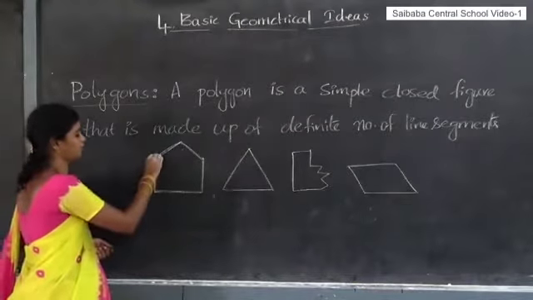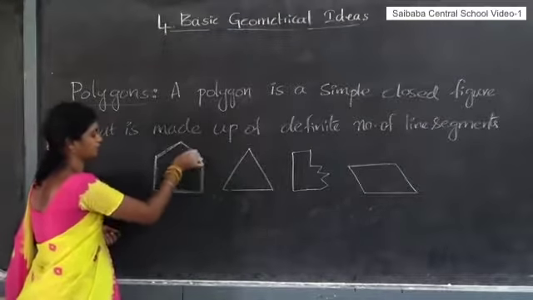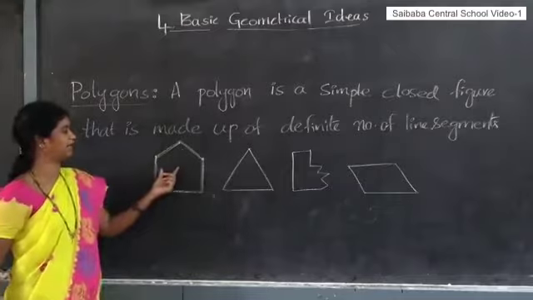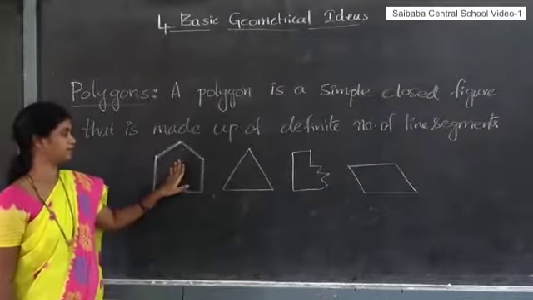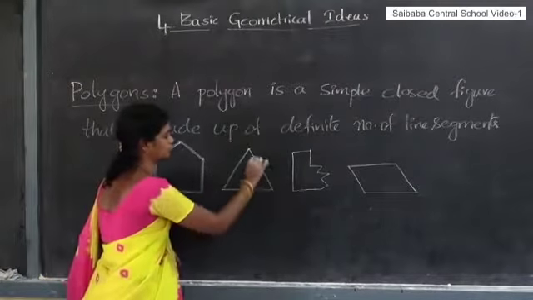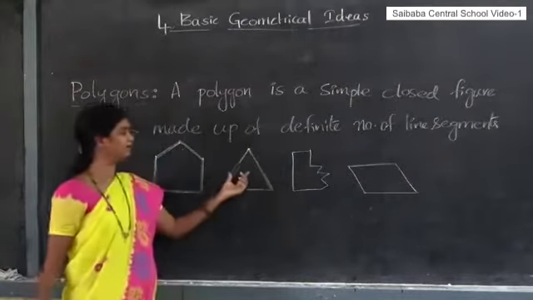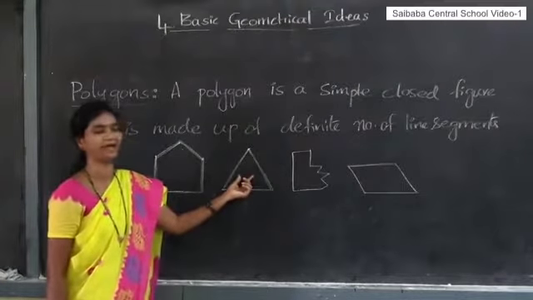Here, how many segments are there? 1, 2, 3, 4, 5. With 5 line segments we closed the figure. And here, if you observe, 1, 2, 3. These are 3 line segments, and this one we call a triangle.